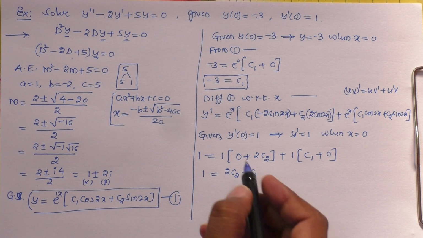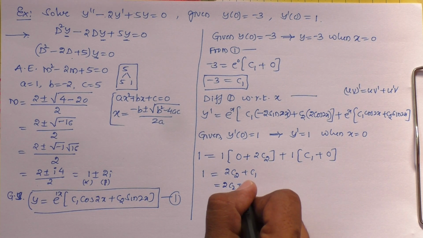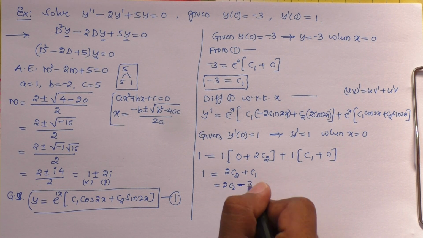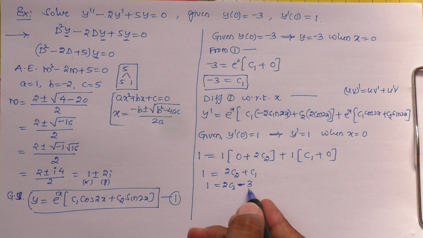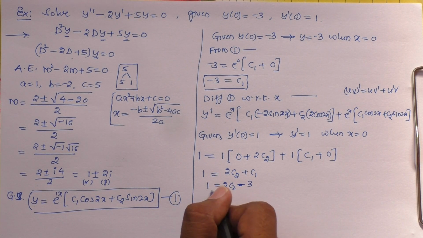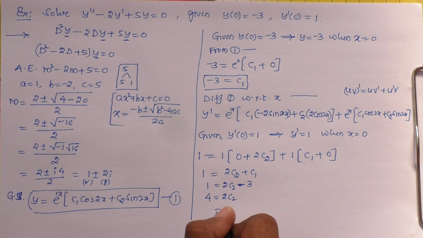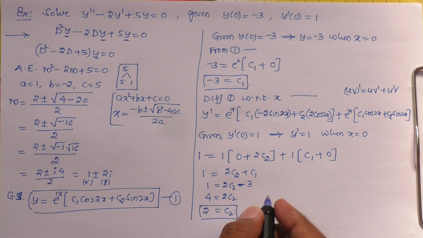But we know the c1 value is -3. Substitute here: 2c2 - 3 = 1. Taking -3 to this side, it becomes +3, so 1 + 3 is 4. So 4 = 2c2, and c2 = 2. Now we got both values c1 and c2.